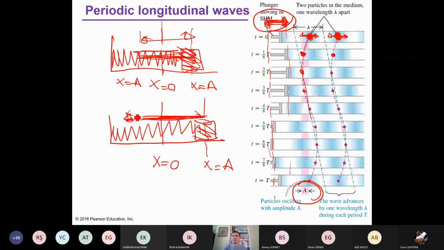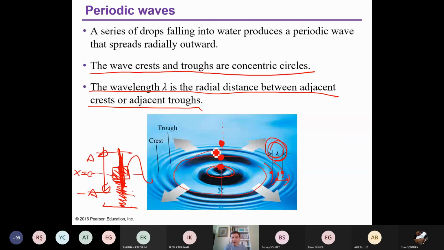So it is the same. Here we have particles, they have periodic motion, and here we have particles on the water, they have periodic motion. Just look at this particle here on the left side, okay? This particle on the water will move up and down. If you put here a ball, this ball will move up and down, okay?